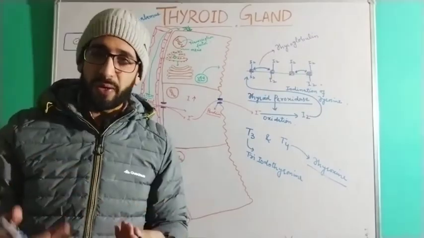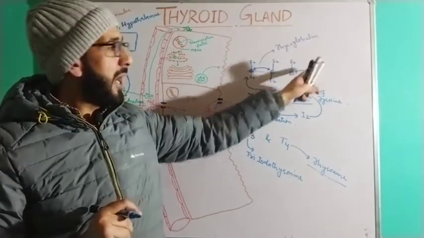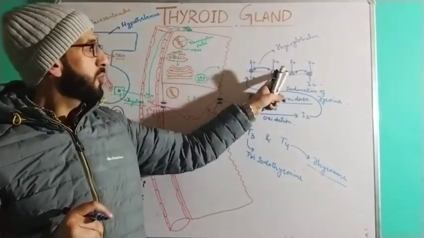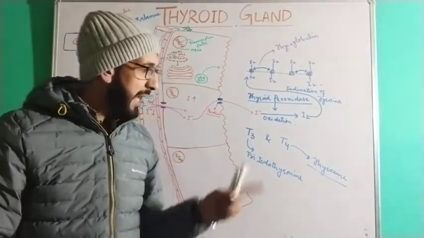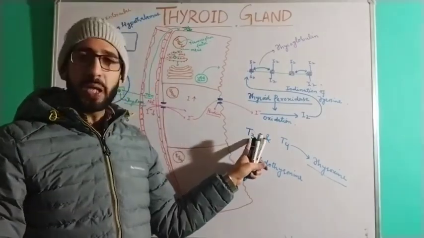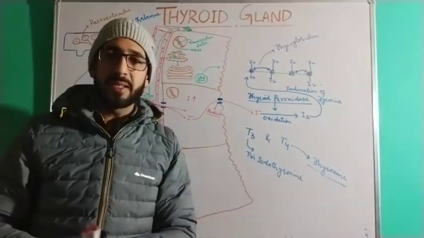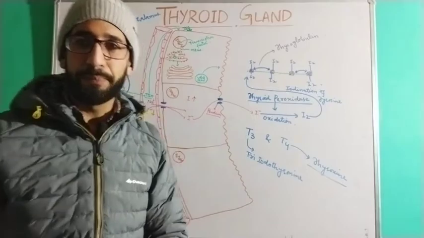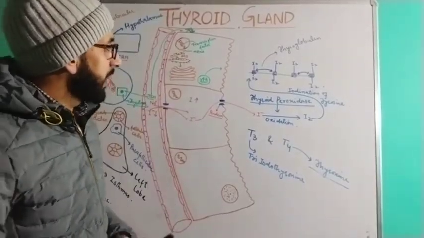Now what we have got is two tyrosine amino acids with 3 iodine. And here we have 2 tyrosine amino acids with 4 iodine. So that we call triiodothyronine and tetraiodothyronine, or that is called thyroxine. Now we are done with the coupling reaction.